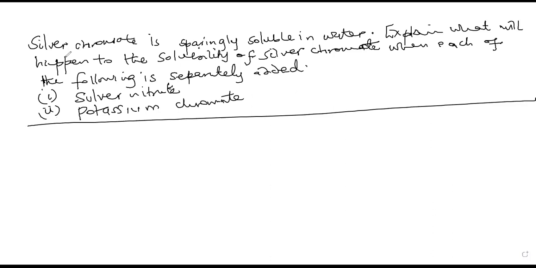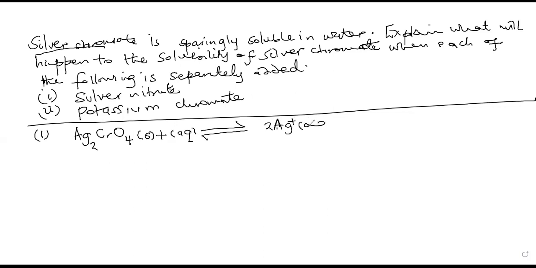Well, as you can see, they have told you that silver chromate is sparingly soluble in water. So it's better you first write an equation to show how silver chromate is sparingly soluble in water. It will establish an equilibrium to form two silver ions and chromate ions.